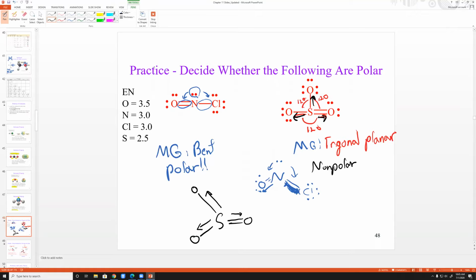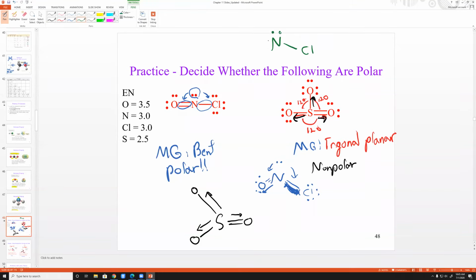If it's asymmetrical, you have to ask, is the bond itself polar? Let me do an example. Let's say this molecule, the dots aren't in there yet, but that's not the point. Let's say it's bent, right?